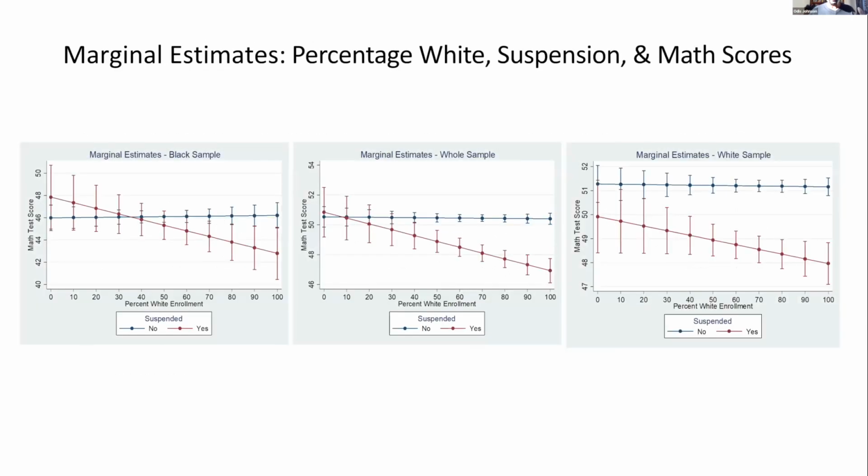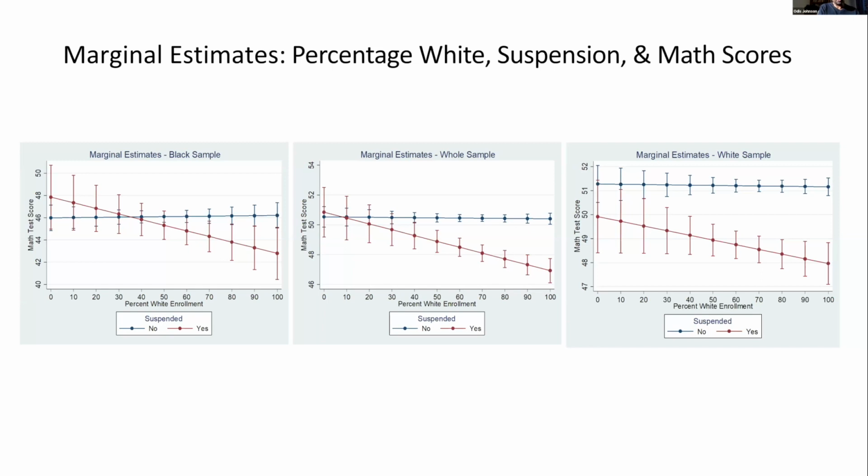And this is what we found. So if you look at this far left box, you see the Black sample. And here we did disaggregate, but we have a very large sample of over 5,000. And plus, we have a pooled sample as well so that you can have a shared slope to understand. These are the marginal estimates.